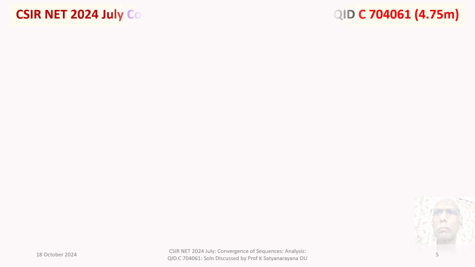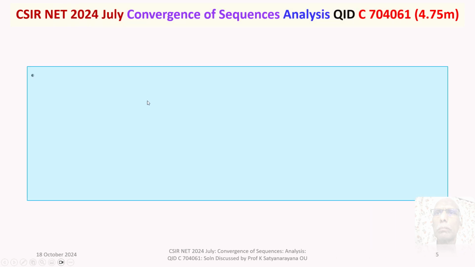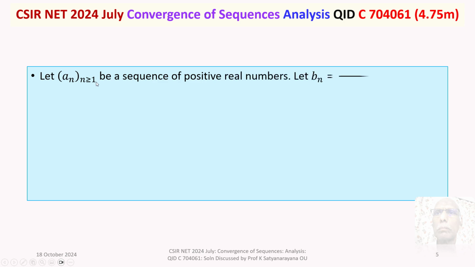The given question is: let (a_n), n greater than or equal to 1, be a sequence of positive real numbers. Let b_n be equal to a_n by the maximum of a_1, a_2, ..., a_n, for n greater than or equal to 1.